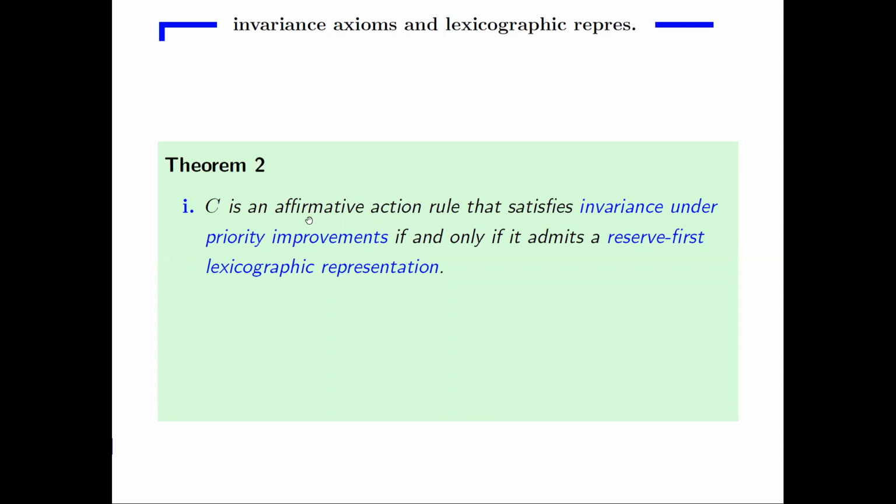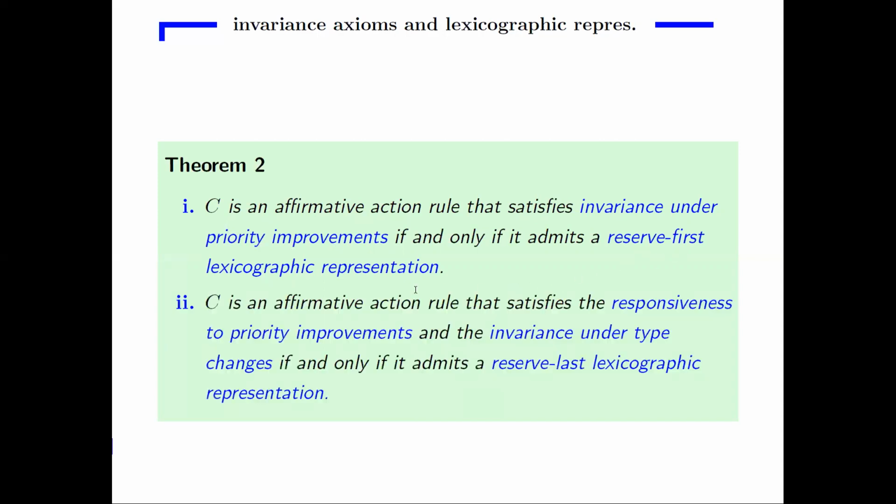A choice rule C is an affirmative action rule that satisfies invariance under priority improvements if and only if it admits a reserved first lexicographic representation. C is an affirmative action rule that satisfies responsiveness to priority improvements and invariance under type changes if and only if it admits a reserved last lexicographic representation.